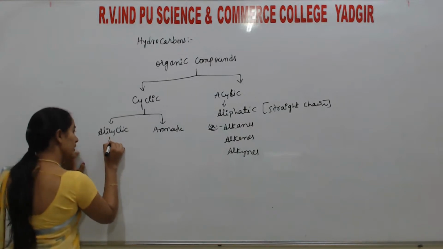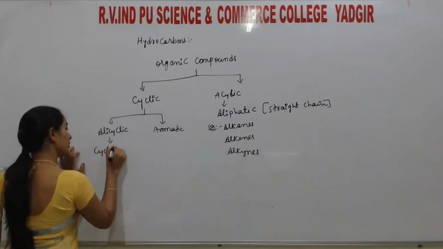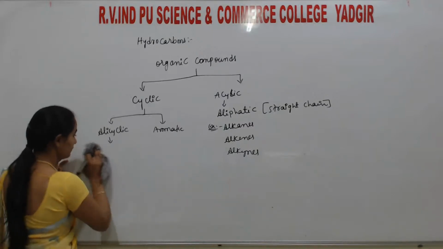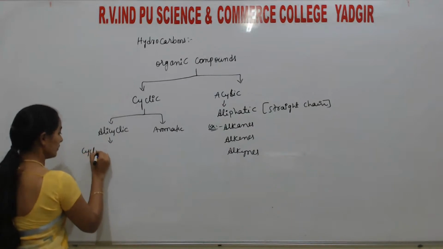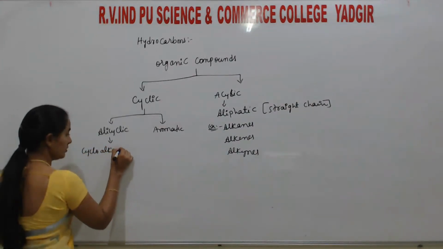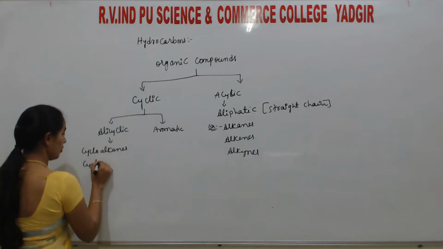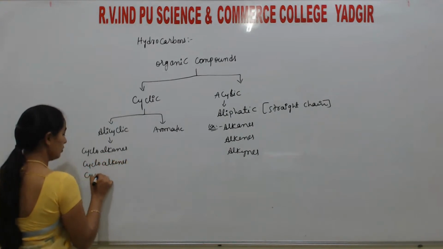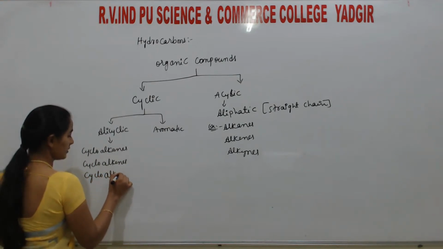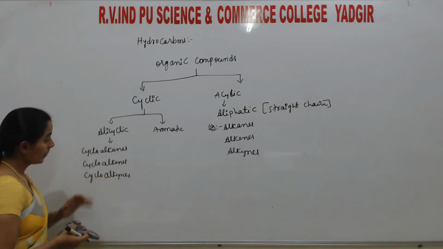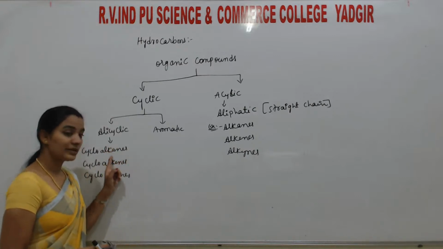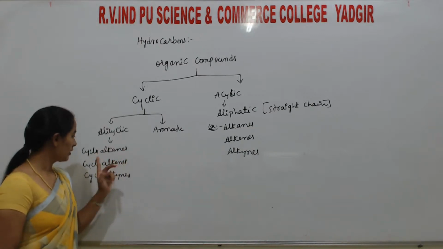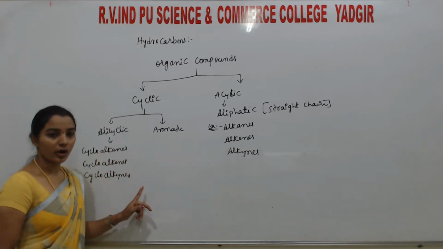Alicyclic means cyclic alkanes, cycloalkenes or cycloalkynes. Are you getting it? It means a closed ring which resembles the property of alkane, alkene and alkyne: cycloalkane, cycloalkene and cycloalkyne.